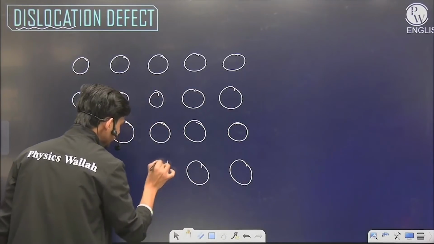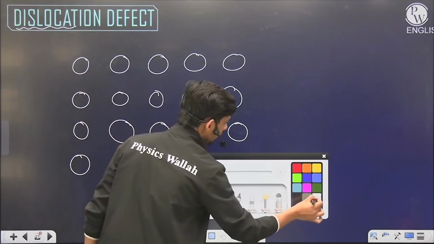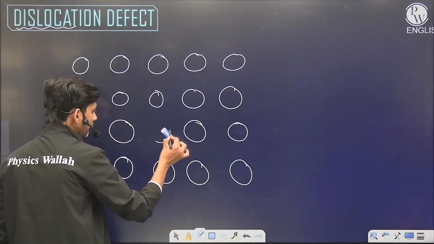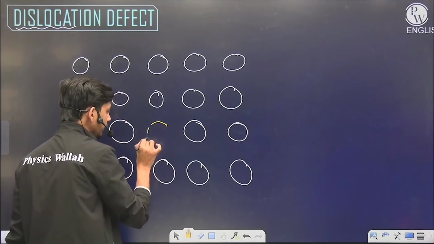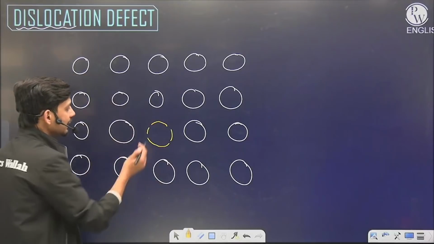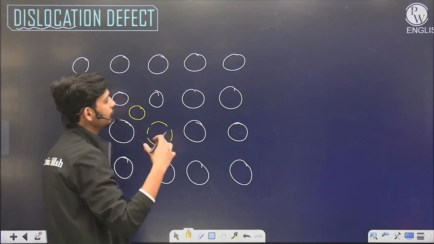Now look here closely, if in this pattern some of the atoms are missing from their position, that means this position is vacant, the atom from this position is missing, and this atom is dislocated to another open position due to its small size.